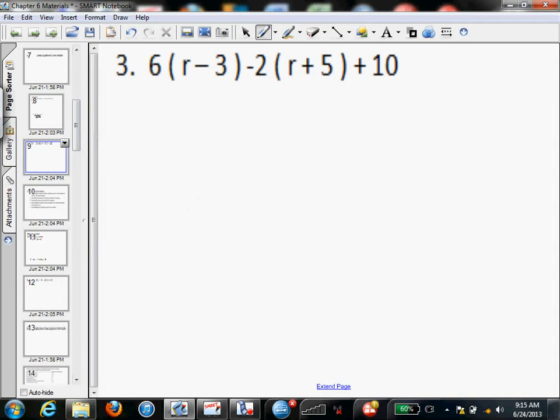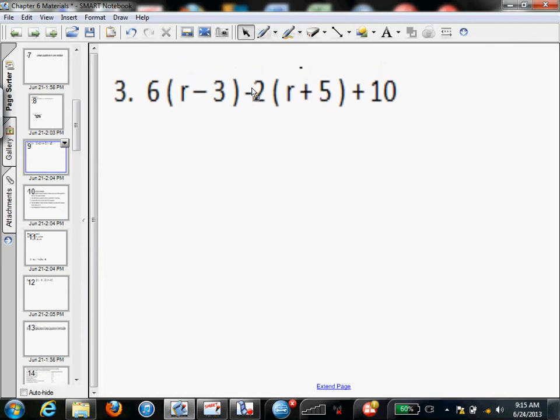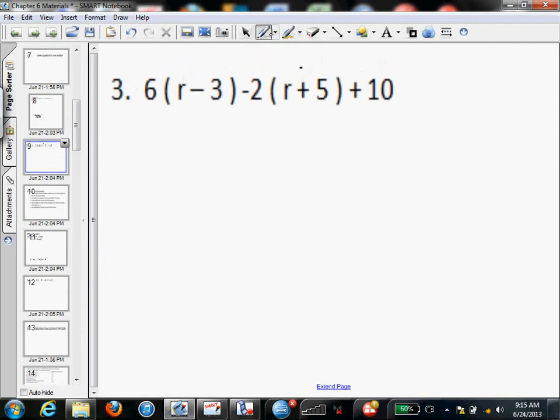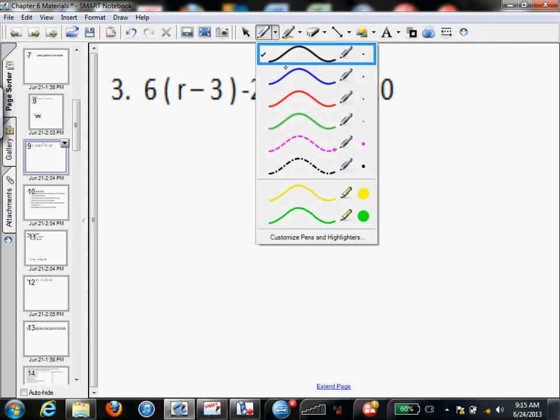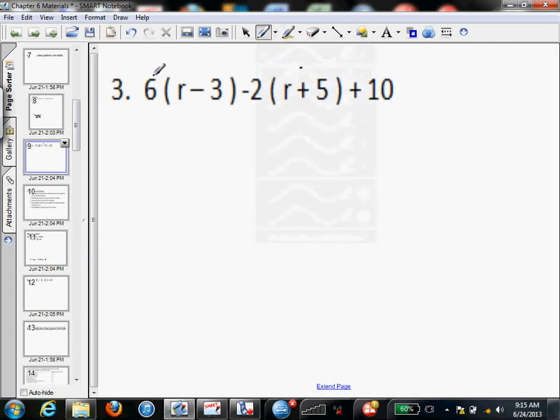If we look at number 3, it's a bit more complicated. We have 6 times the quantity r minus 3, then that's subtracted by 2 times the quantity r plus 5, plus 10. What I want to do is use the distributive property. First I take the 6 and multiply it by everything inside the parentheses.